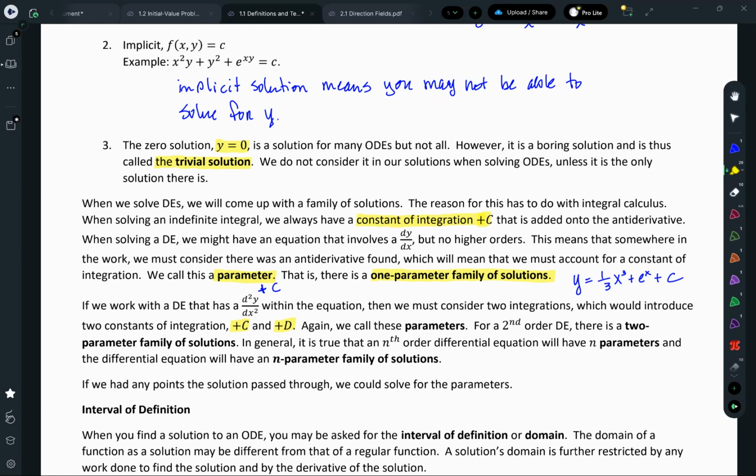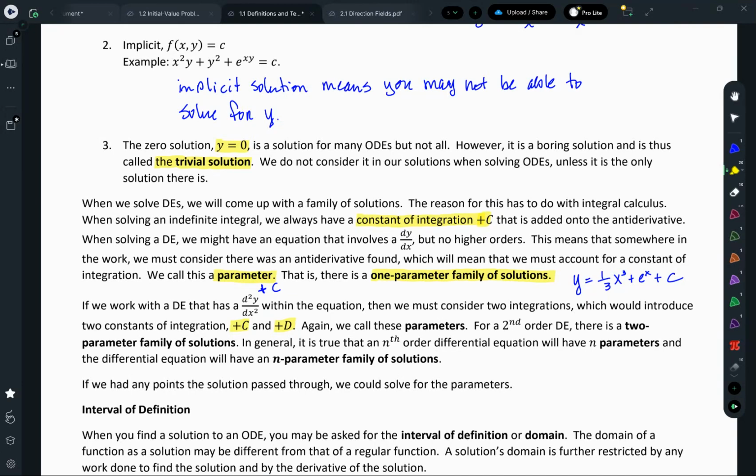We call these parameters again, and for a second order differential equation, we would say that there's a two-parameter family of solutions, okay? We won't always see them as plus c and plus d. We might see them as multipliers on the functions, and that has to do with the methods that we use to solve. So in general, we just need to wrap our heads around this.